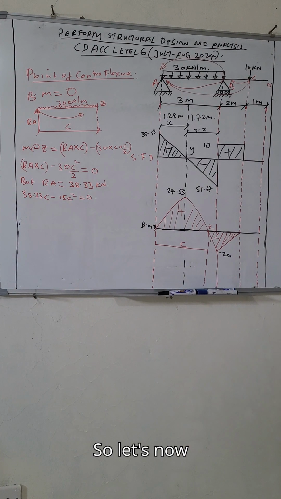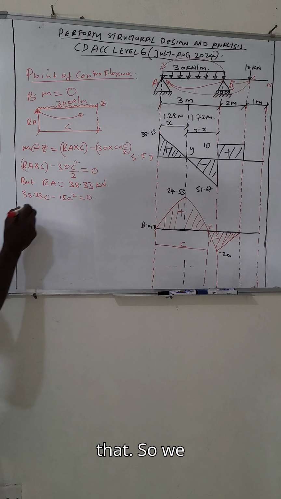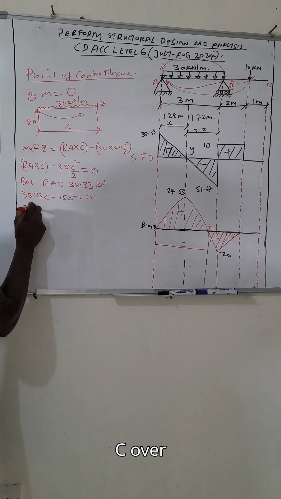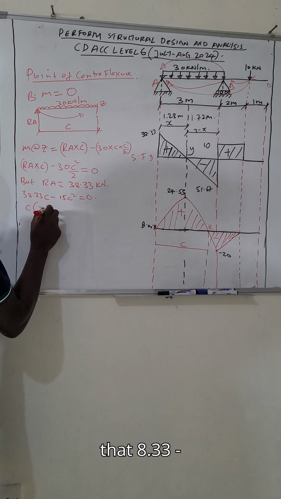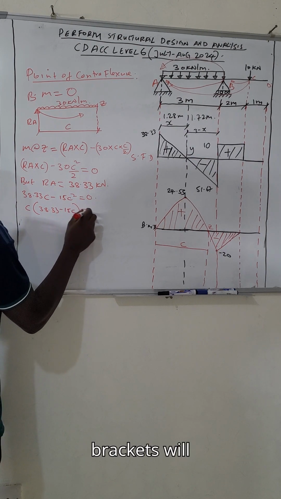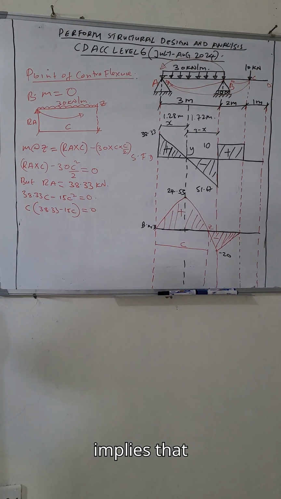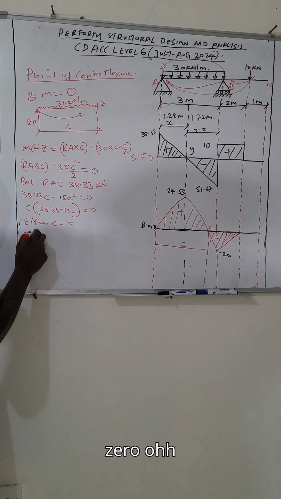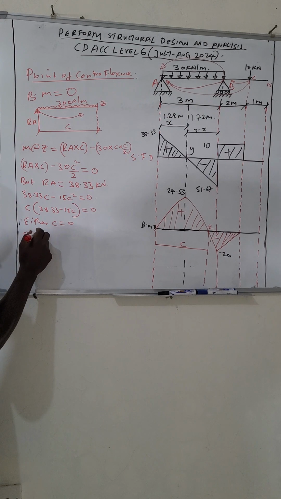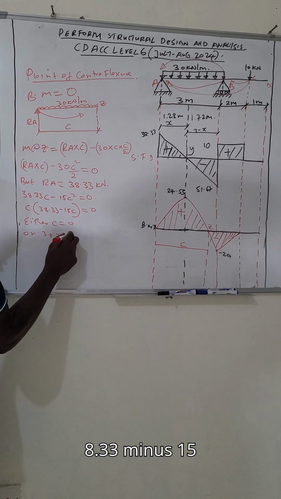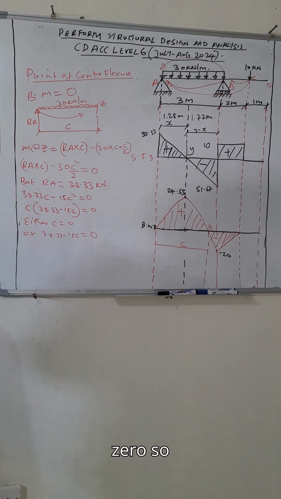Let's now solve the equation mathematically. We have a common C, so let's factorize: C times (38.33 minus 15C) should give you 0. This implies that either C equals 0 or 38.33 minus 15C equals 0.